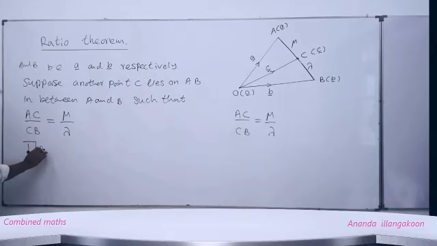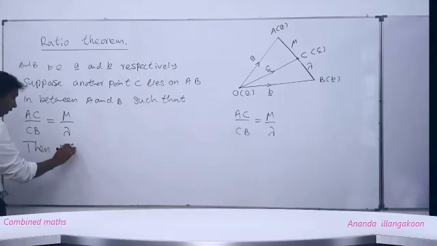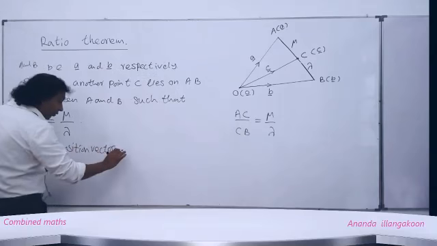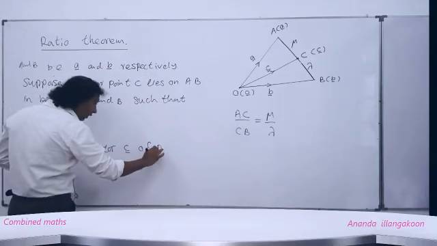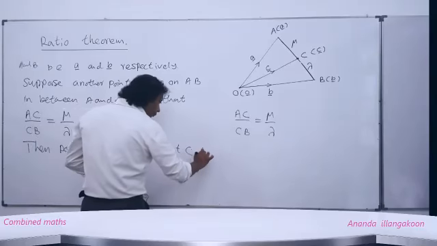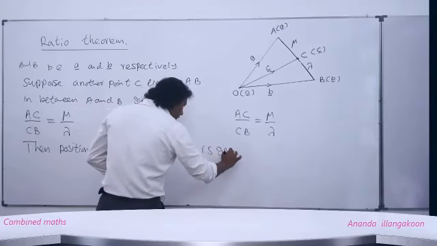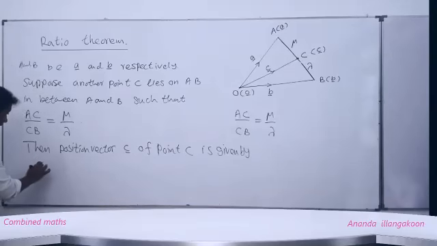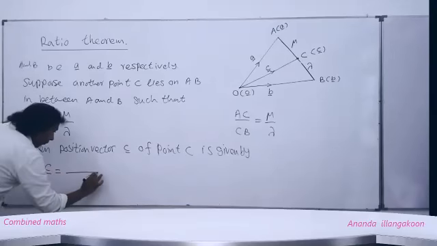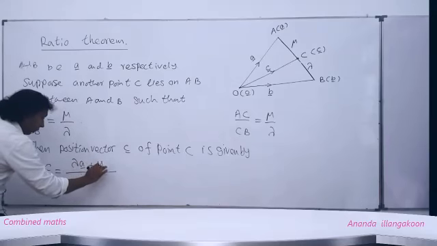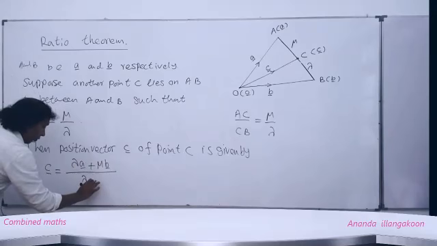Then the position vector simple C of point capital C is given by simple C vector is equal to lambda times A plus mu times B divided by lambda plus mu.